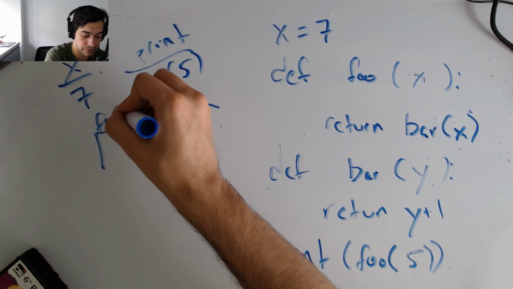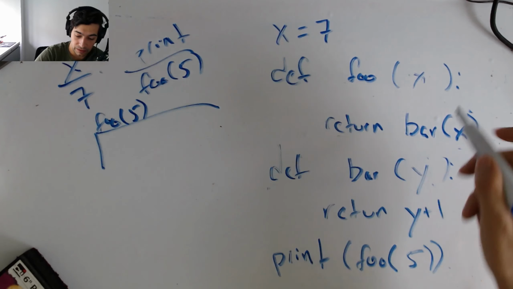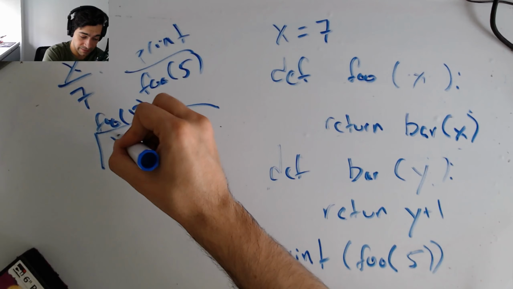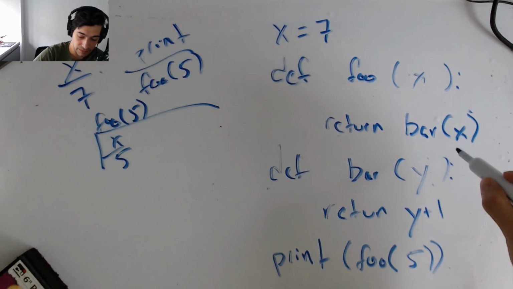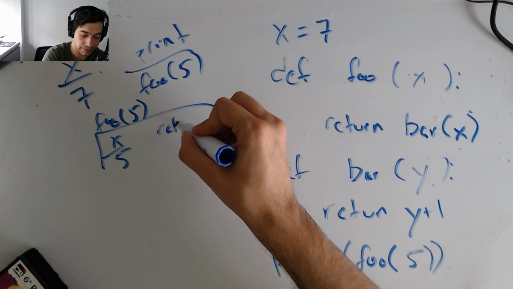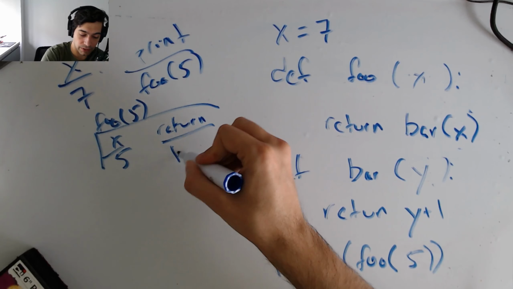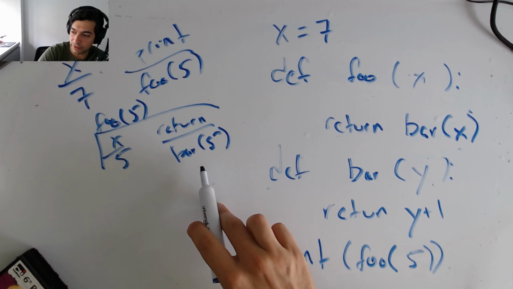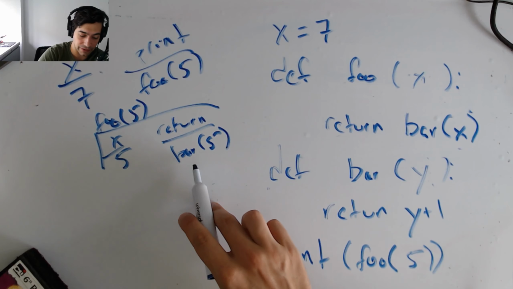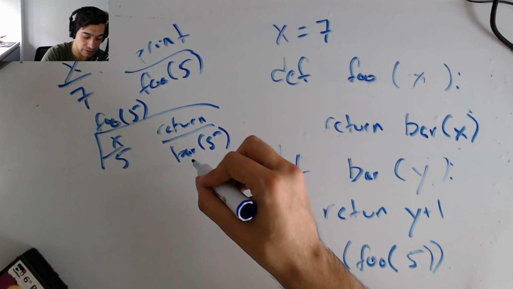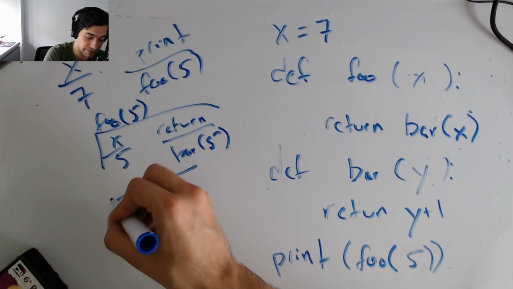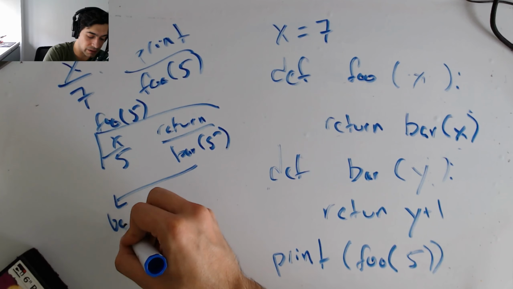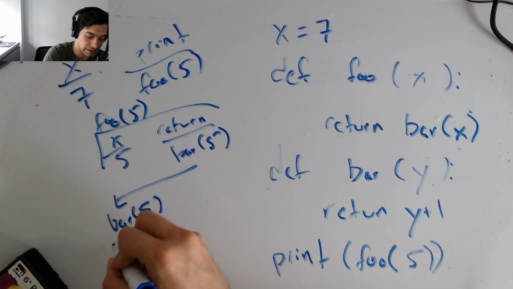Let's make our new function scope. X is going to be 5. And then I'm going to return bar of 5. But I don't know what bar of 5 is. It's not a value I can return. This is a function call. So I'm going to say, well, I guess I have to create a new function scope for bar of 5 and calculate this.